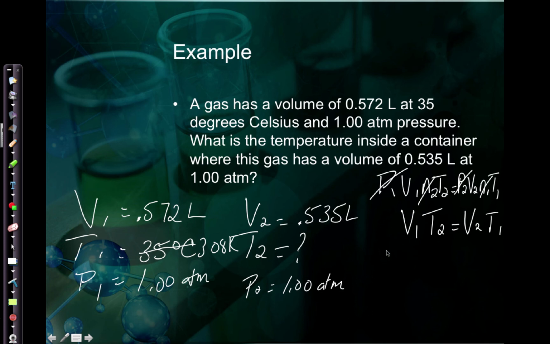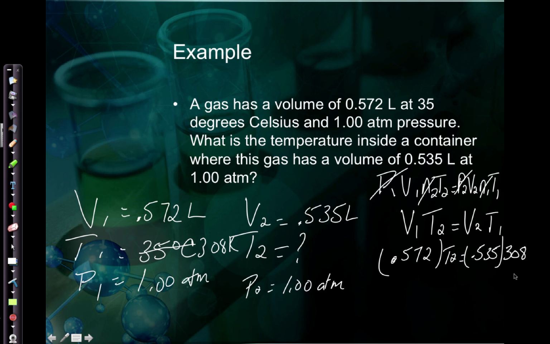All right, so now I can just plug it in the equation. As long as your liters match, you can just plug it in. If it was milliliters and milliliters, you could just leave it and plug that in as well. So V1 is 0.572. T2 is unknown. V2 is 0.355. And T1 is 308.